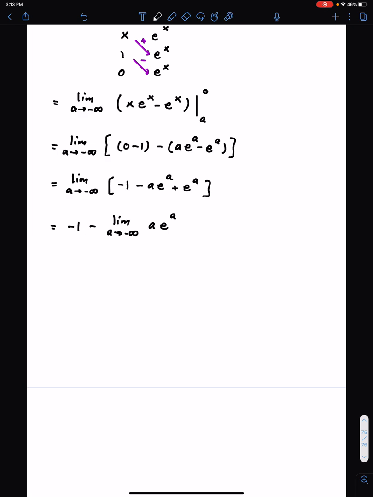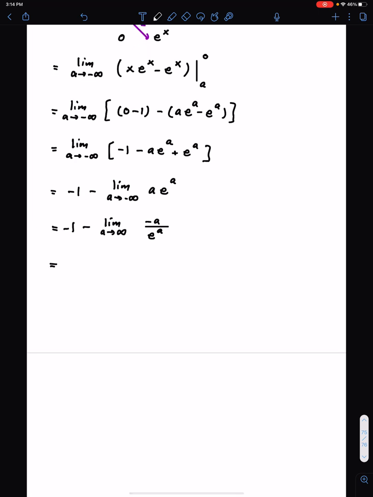So I'm going to have to use L'Hopital's rule on that limit. So I can write this as negative 1 minus the limit as a approaches positive infinity of negative a divided by e to the a.